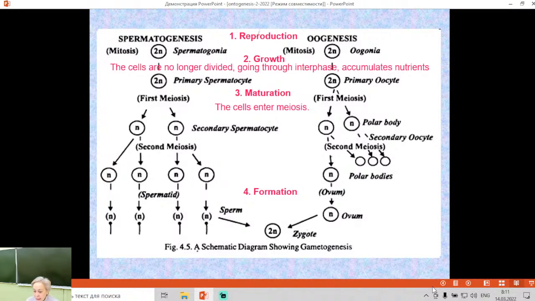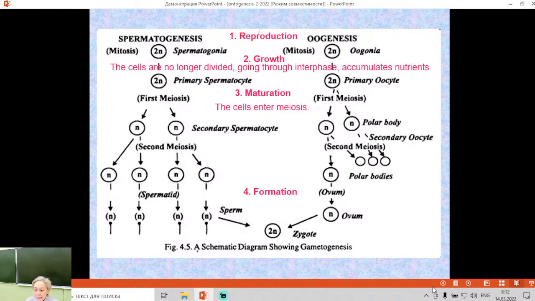At this stage, secondary spermatocytes undergo second meiosis, and each secondary spermatocyte divides into two daughter cells again, and the names of these cells are spermatids. Each spermatid has 1n1c.